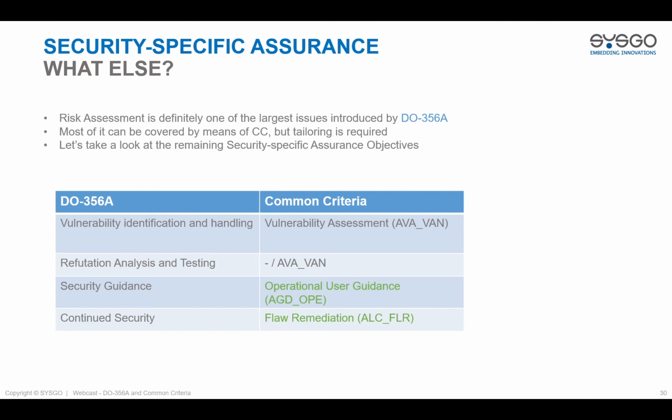Here again, the standard does not list any Common Criteria classes, but there are some, and these are flaw remediation. These two things are not listed in the standard but are recommended by SYSGO, because you can cover security guidance by operational user guidance, and continued security by flaw remediation.